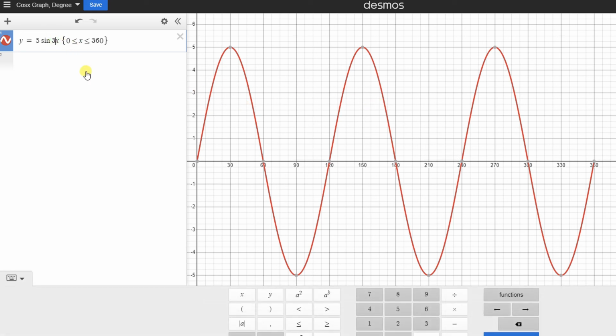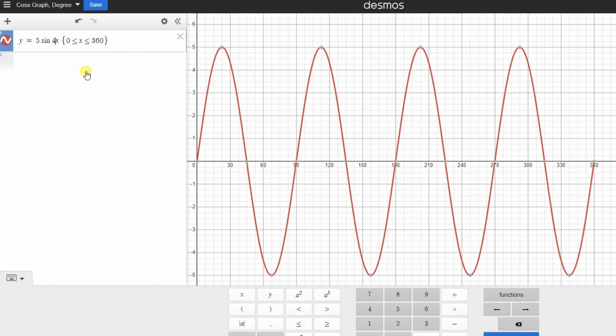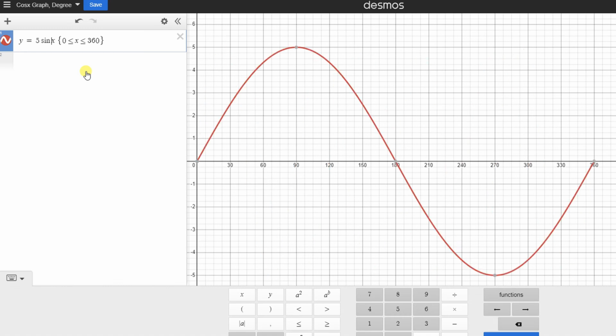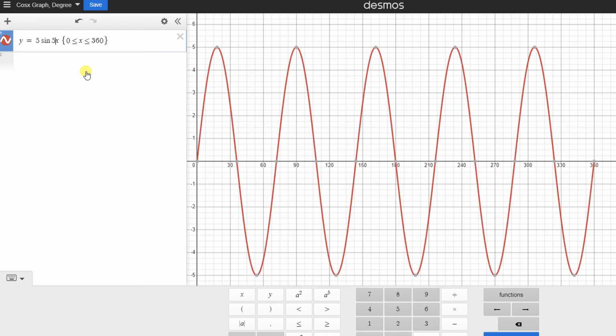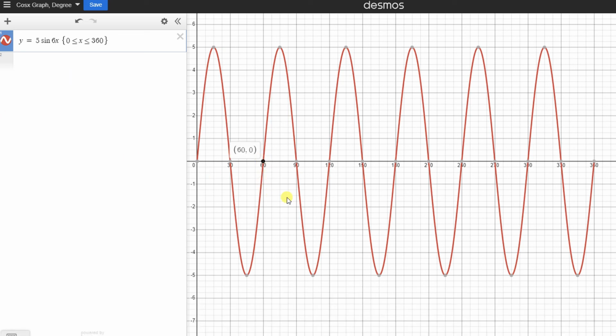And see, we can also write 4x, which means there are 4 cycles in 360 degrees. If I write 5x, 5 cycles. If I write 6, there are 6 cycles. So one cycle is completed here, see, in 60 degrees, because 360 divided by 6 is 60.